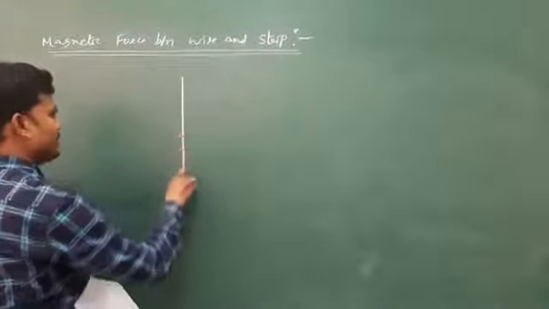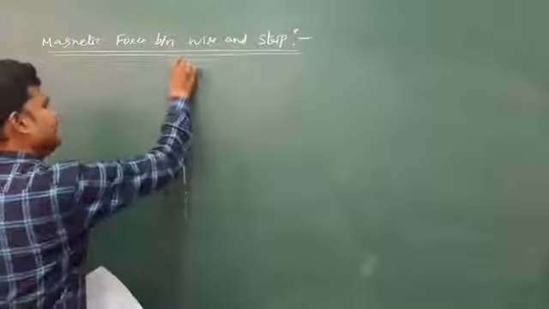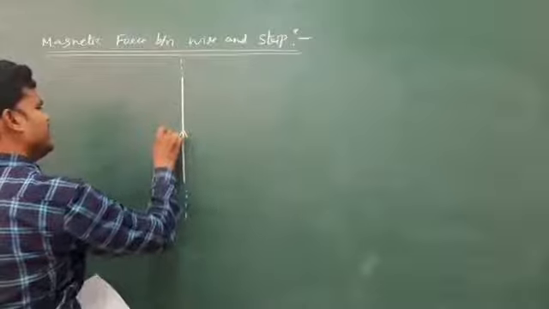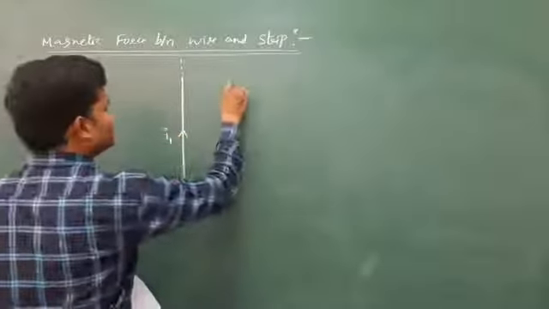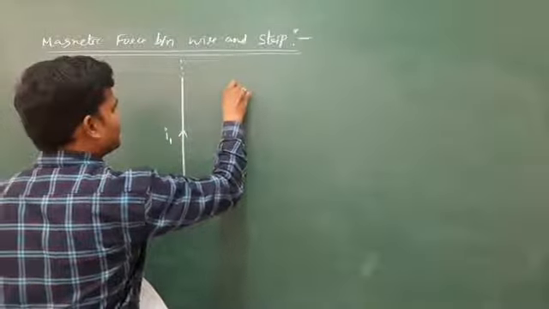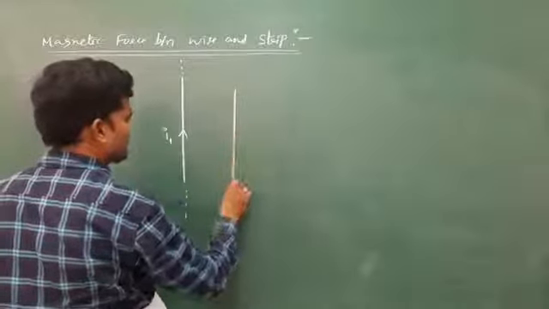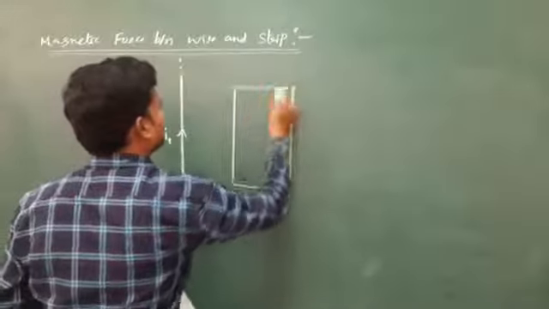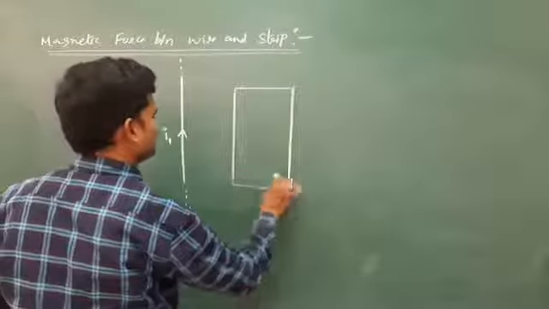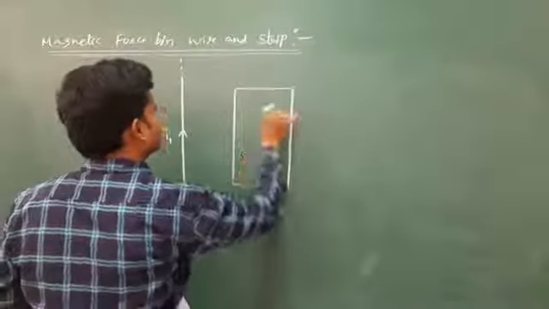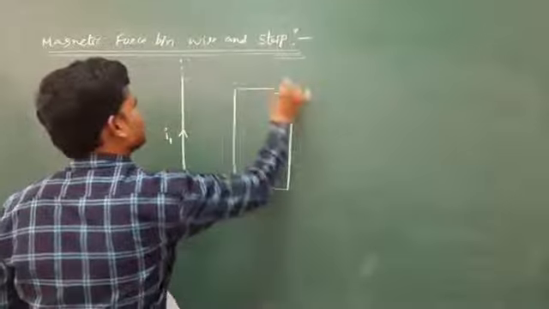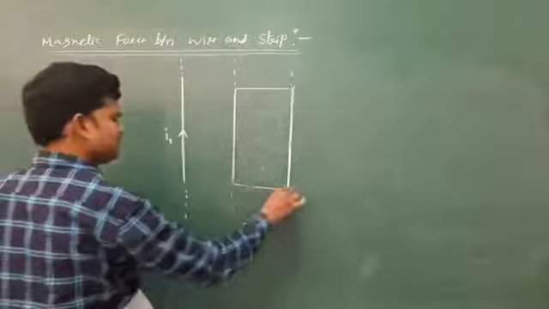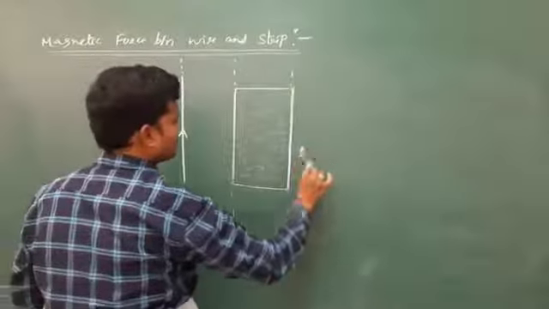So they have given this wire, which carries current I1, and one more is given, a strip. See, this is the metal strip. Imagine it as infinite, but we are finding the force for a certain length only.